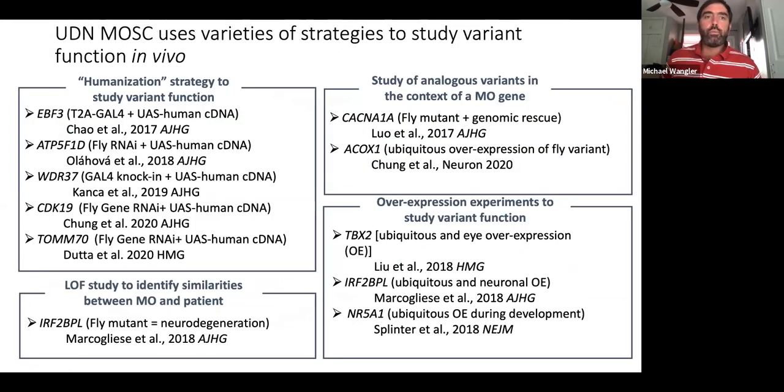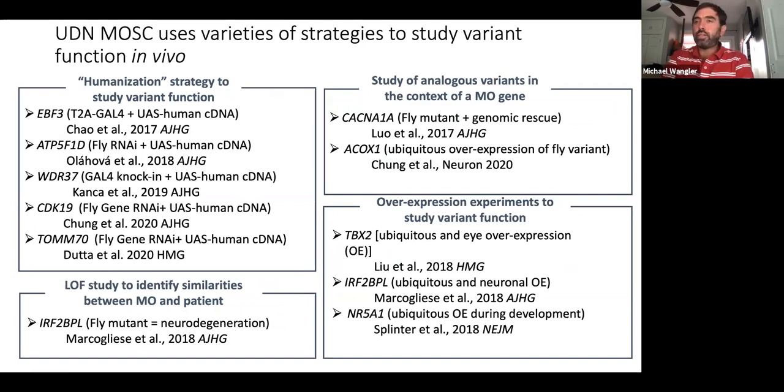So where this intersects with our paper is we gained a lot of experience over that time in trying to use model systems like Drosophila and genetically express the patient variant, use rescue paradigms.